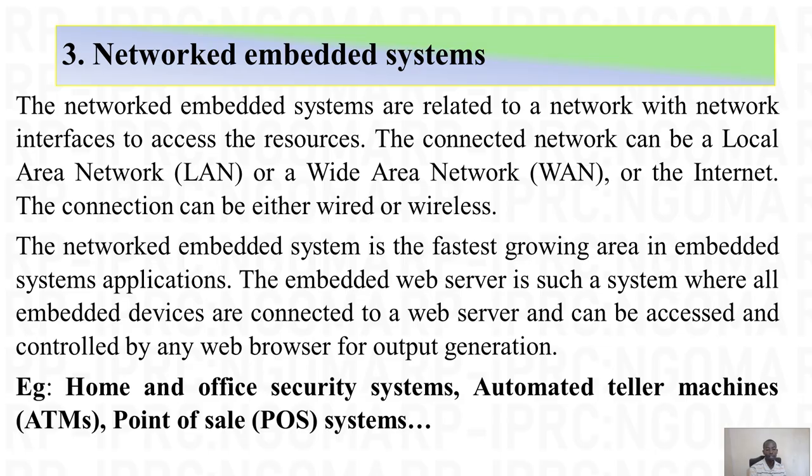The networked embedded system is the fastest growing area in embedded system applications. The embedded web server is such a system where all embedded system devices are connected to a web server and can be accessed and controlled by any web browser for output generation.